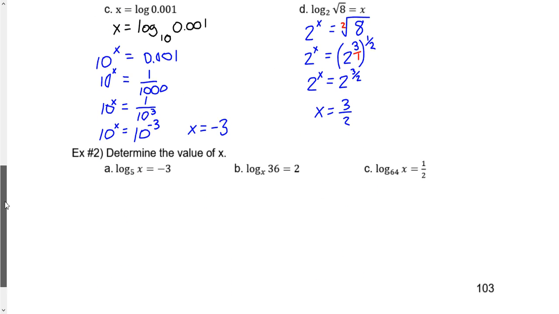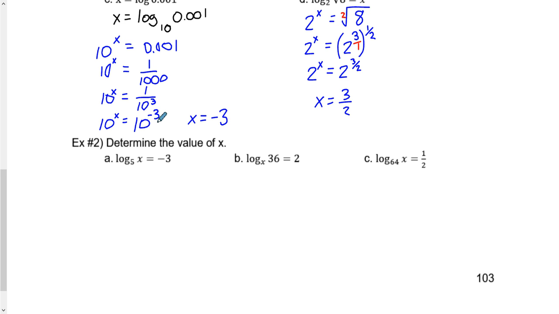Okay. Let's go into more complex stuff. Base 5 to the power of -3 equals x. Well, we don't have to solve for an x. We have to just evaluate what is 5 to the power of -3.